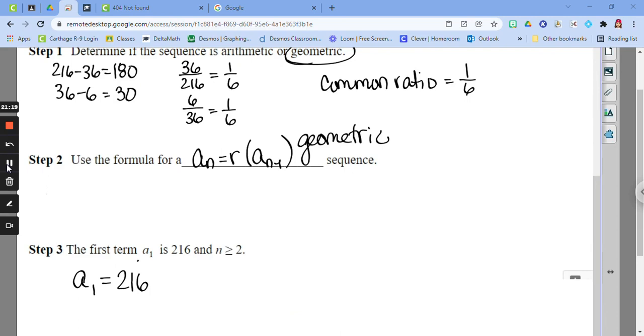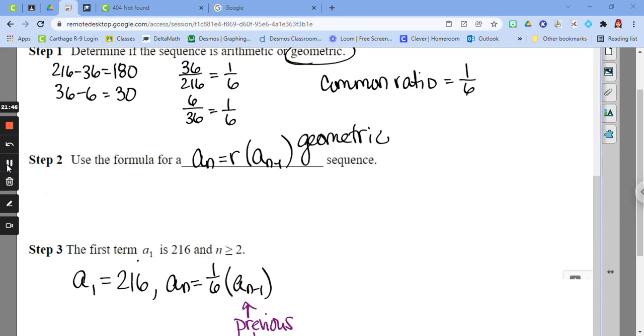Then we're going to write a sub n in our 1/6. And again, this a sub n minus 1 just means the previous term so that you can get to the next one.